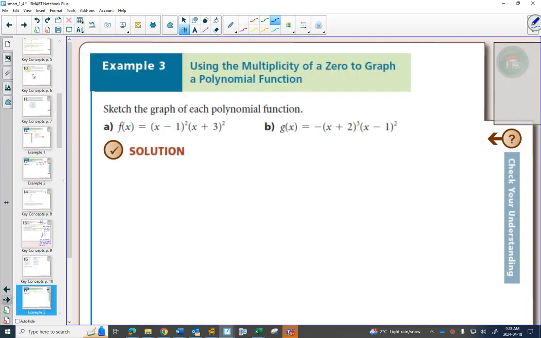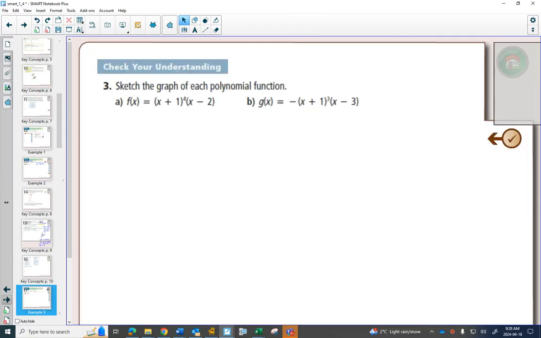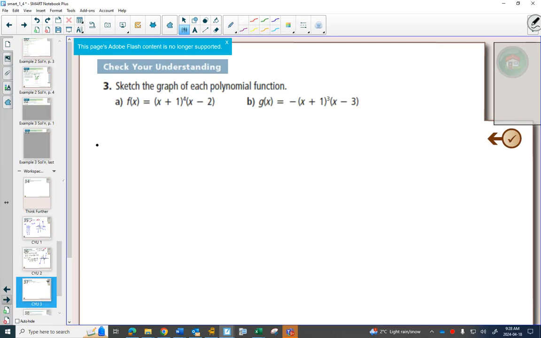Okay? These are already factored. And because they're already factored, some of the preliminary stuff that we did before is a little bit harder. So one of the preliminary things we always did was the end behavior.